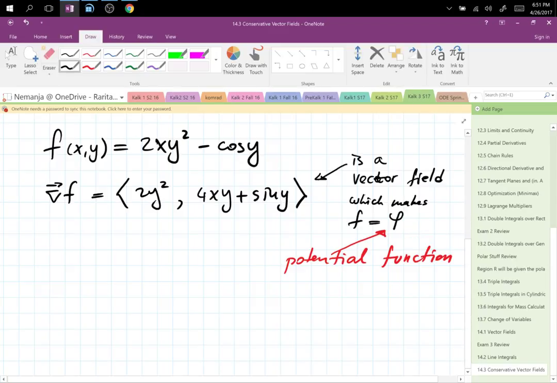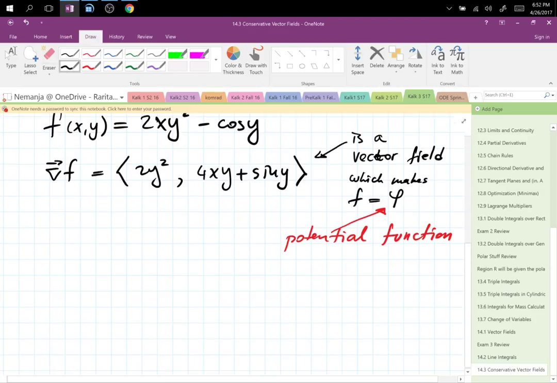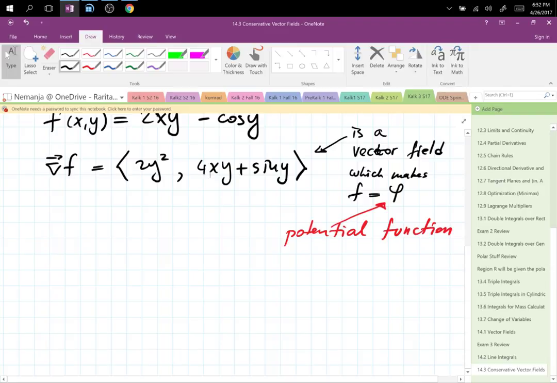When it happens, the field is labeled as conservative because such a function which generates it exists. And we are learning today the procedure of how to obtain that potential function if the field is given. But you don't want to waste your time looking for something that might not exist. So we better have a test to check if the field is conservative.